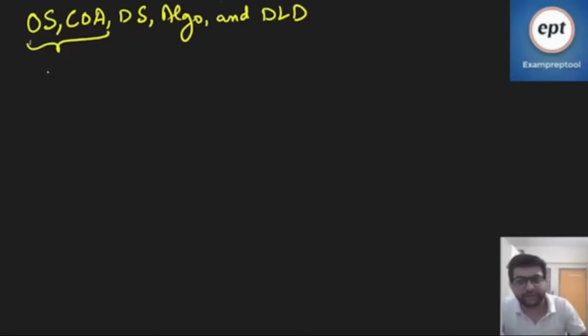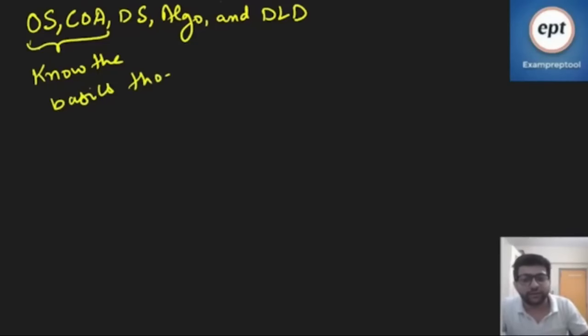However, these subjects are very easy to score if we know the concepts and the basics thoroughly, right? Just try to revise the concepts at regular intervals and try to solve each and every problem from this particular course. You can score almost full marks from these two subjects.